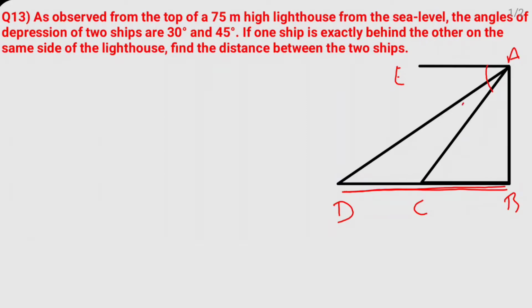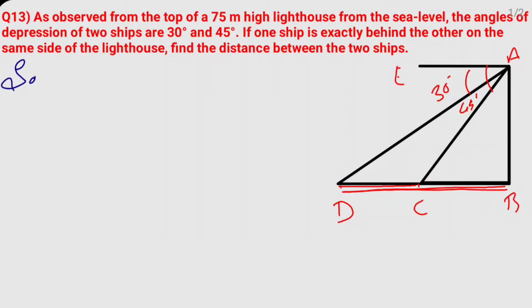So this one is 45, and from A the angle of depression to ship D is 30 degree, and here we want to find out the distance between these two ships, means DC.